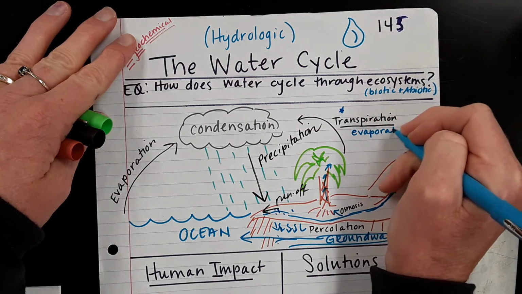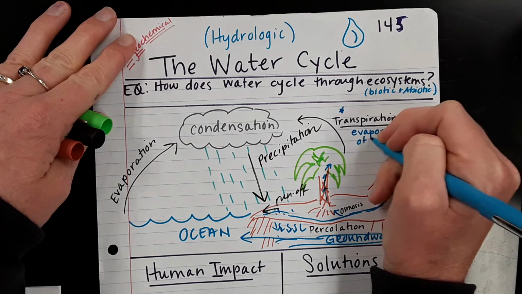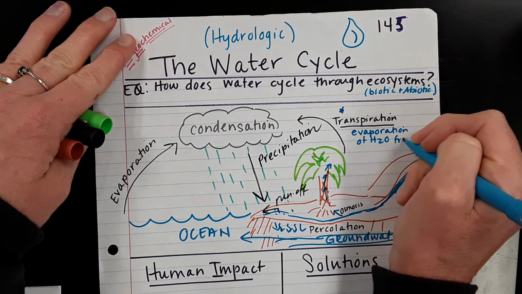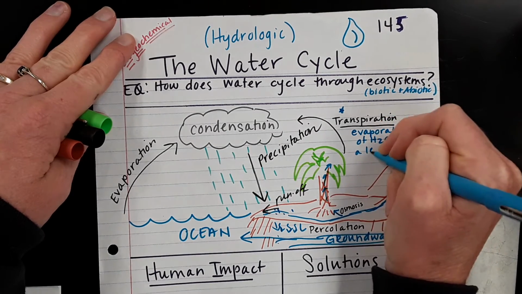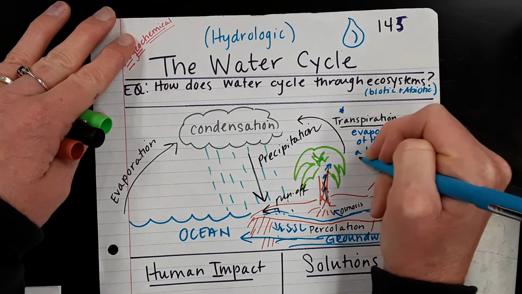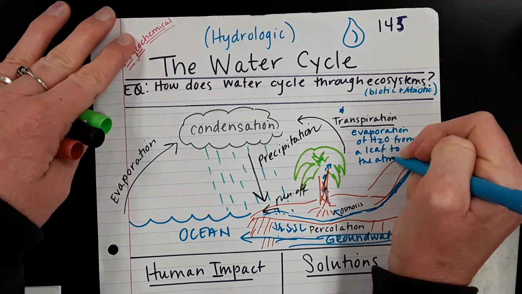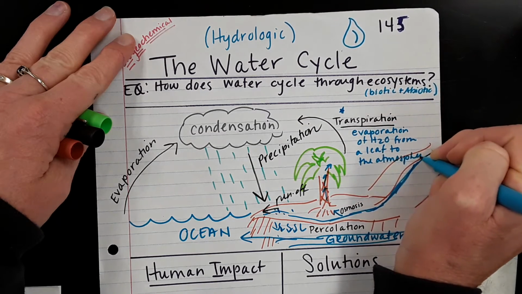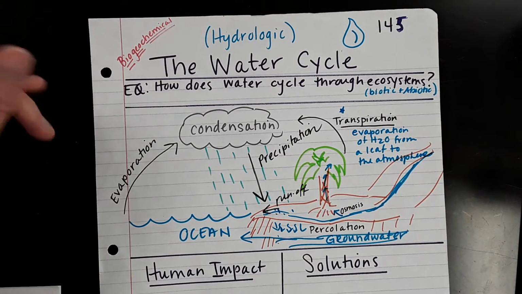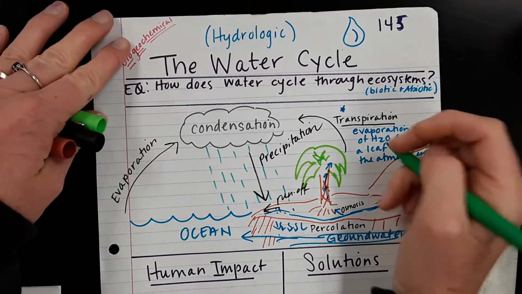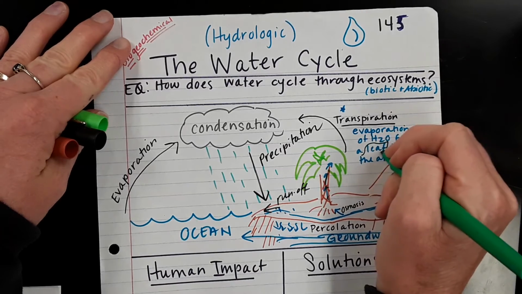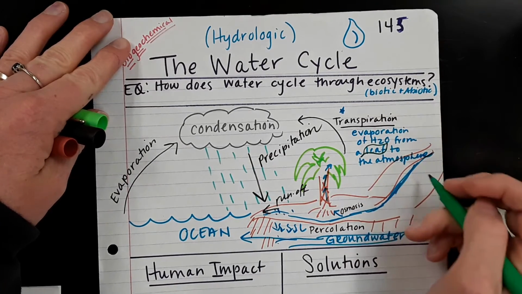So transpiration is the evaporation of water from a leaf. Okay, so it's moving from a leaf to the atmosphere. All right, and ultimately, this is the water cycle. All right, so from a leaf to the atmosphere.